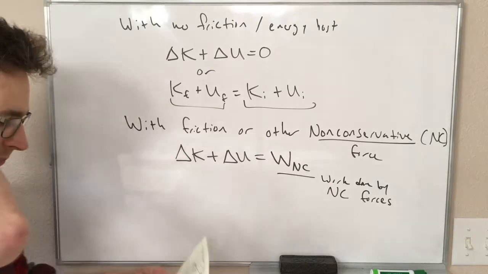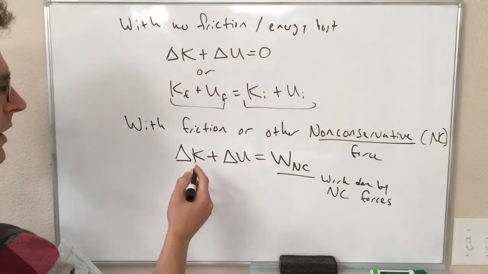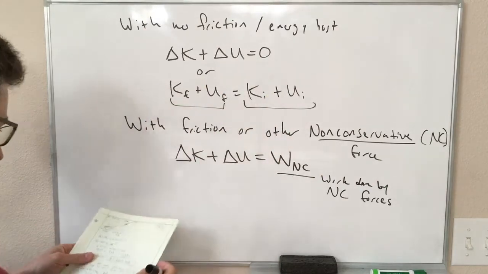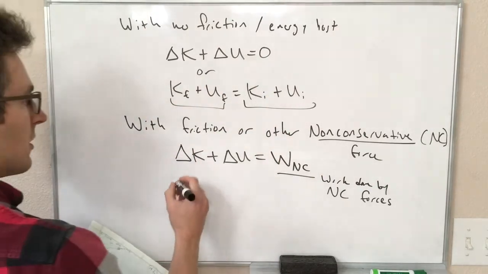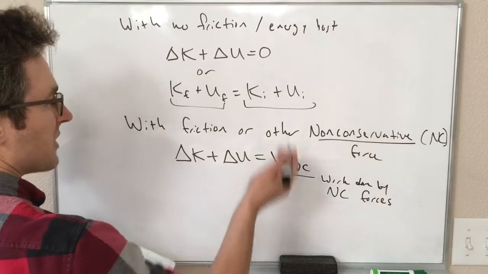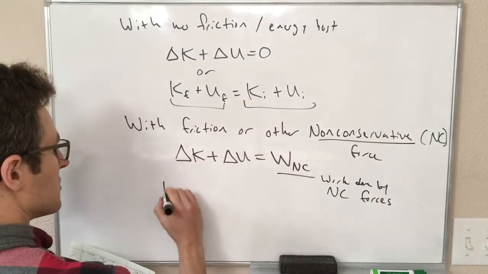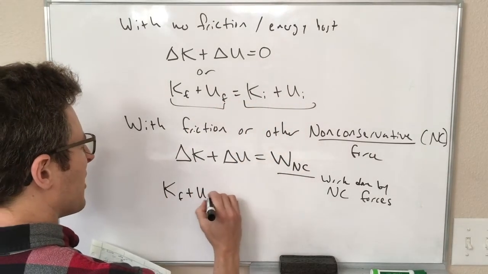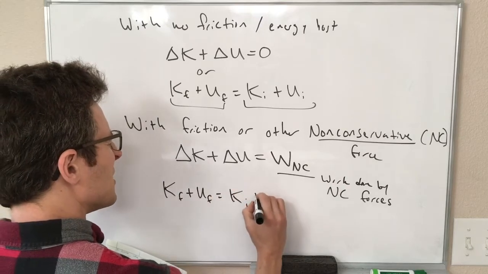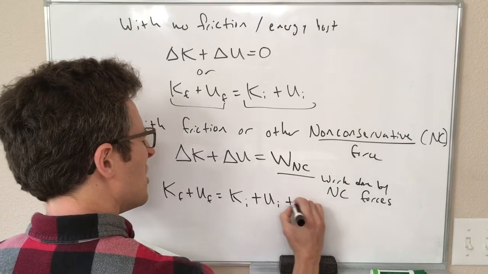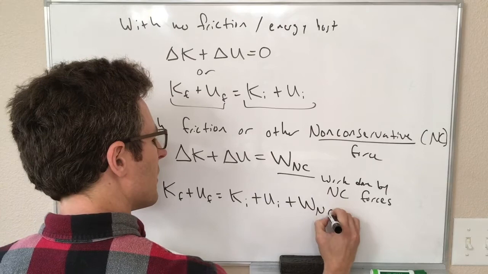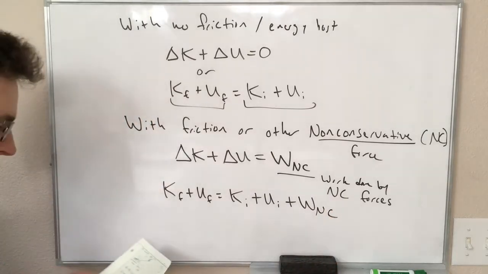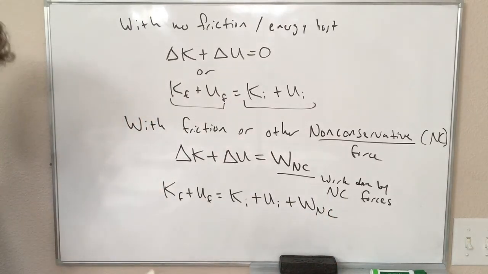All right. We can also rearrange this equation as we've done before, we just have to add the non-conservative work to it too. So K final plus U final is equal to K initial plus U initial plus the non-conservative work, the work of the non-conservative forces.